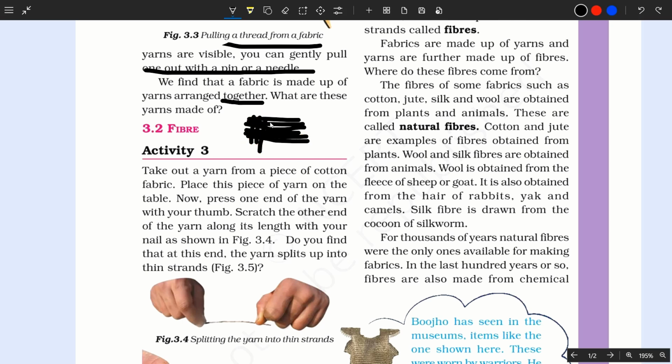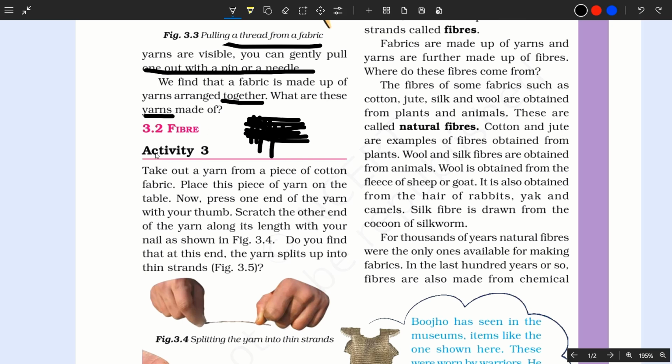It will look like the cloth is arranged in this manner. Okay, you can observe it. What are these yarns made of? Now we know that cloths are made up of yarns. After that, how the yarns are made, we'll see next.